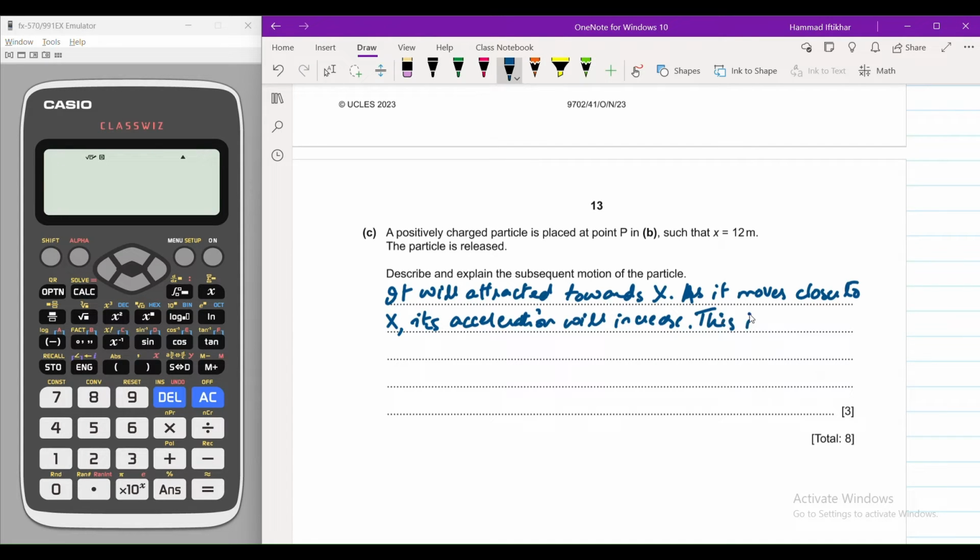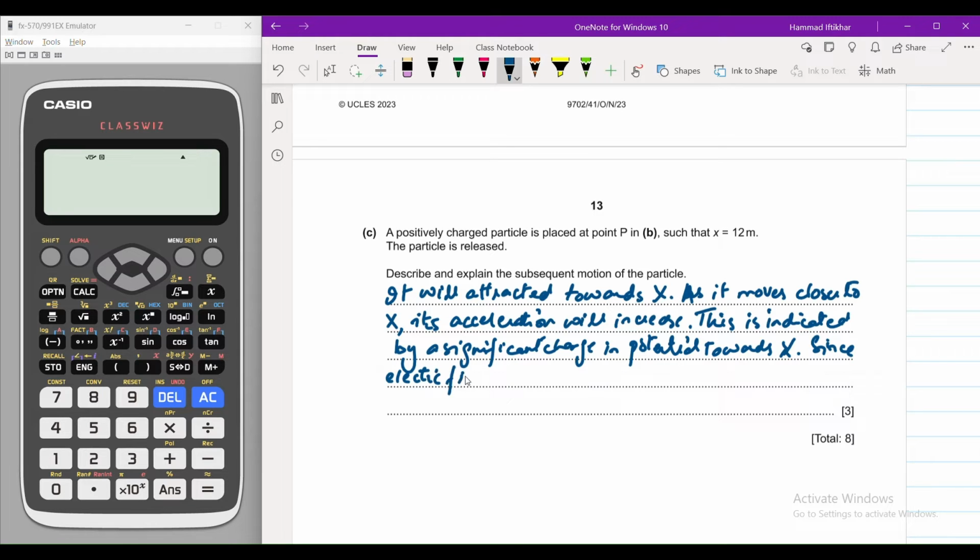This is indicated by a significant change in potential towards x, since electric field strength is proportional to the change in potential.